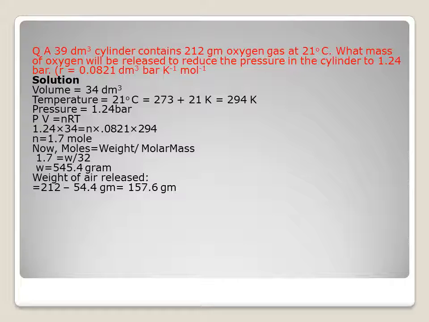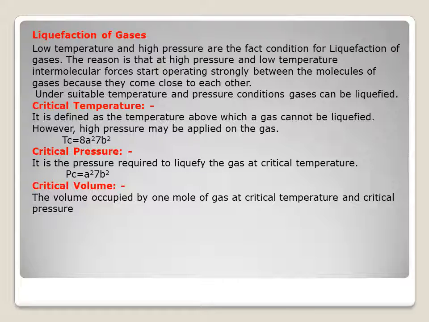The weight of oxygen released will come out to be the total mass, that is 212 gram of oxygen, minus the mass calculated by you. The answer will be 157.6 grams.